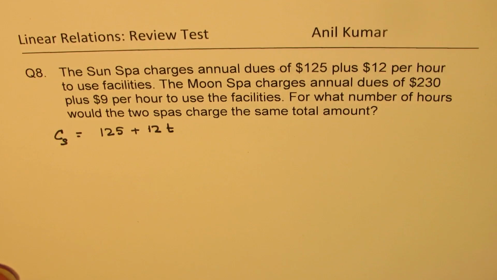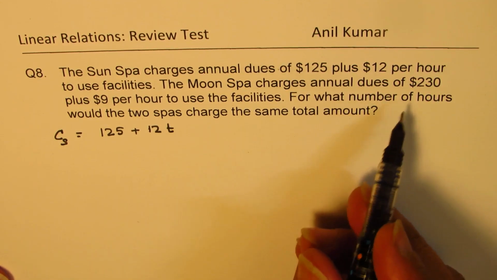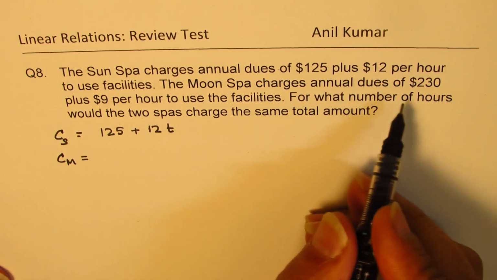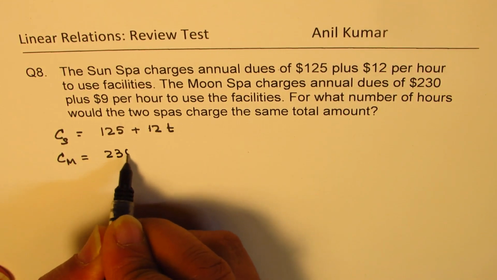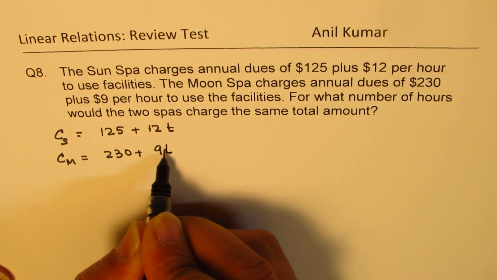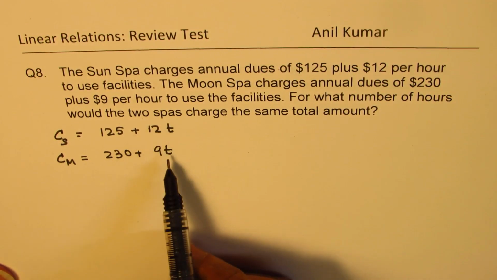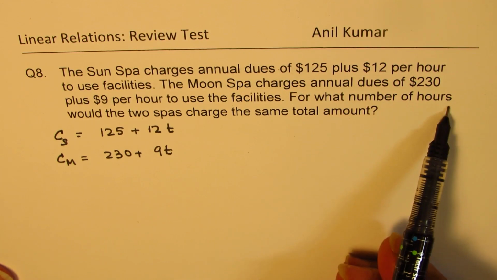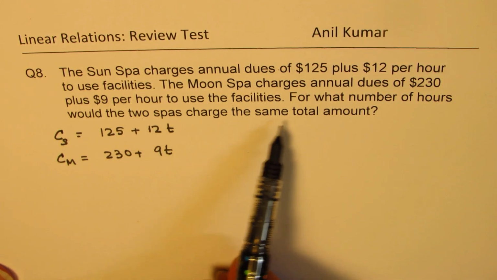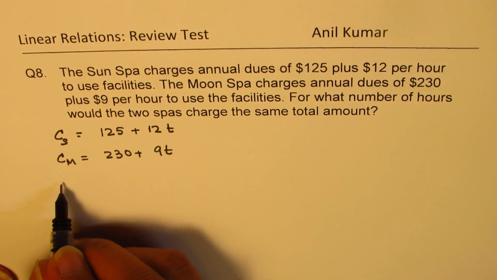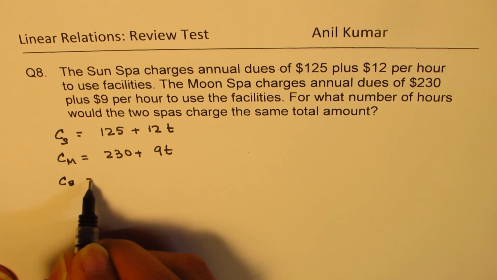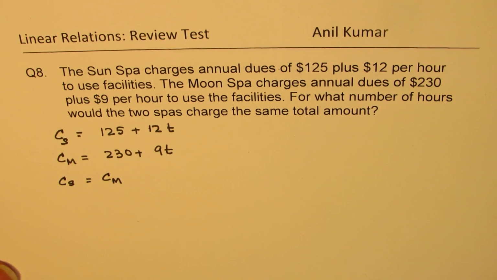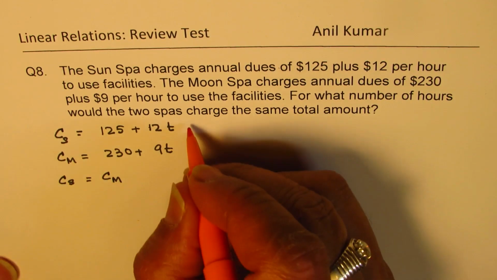For the other, Moon Spa, the charges are a fixed amount of $230 plus 9t, with the same time. It says for what number of hours would the two spas charge the same total amount? So we want to calculate when this charge will be equal to that. I hope you have understood the equation, right?